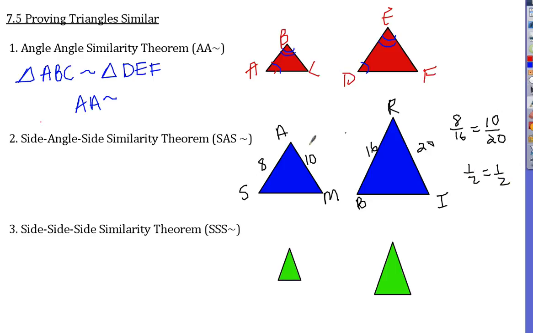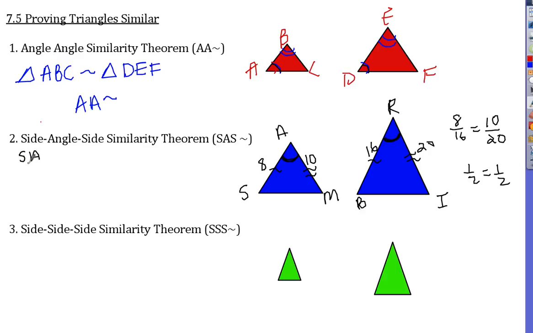In order for SAS to hold true, the angles between them have to be congruent. If you remember in angle-angle, the angles were congruent. So angles are congruent, but sides are proportional. Sometimes I mark the pictures like this just to help me keep track of the proportions.